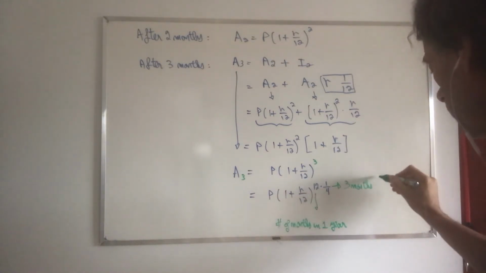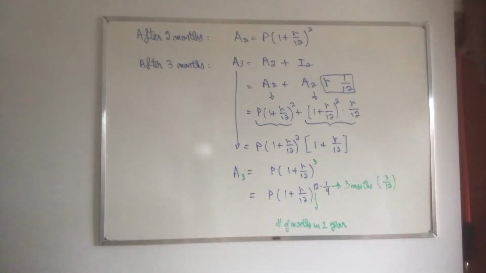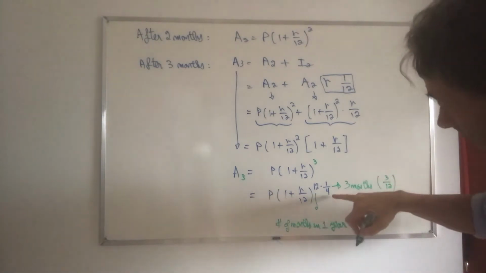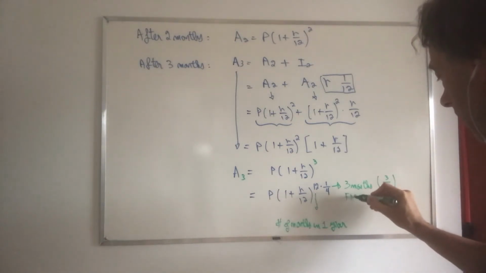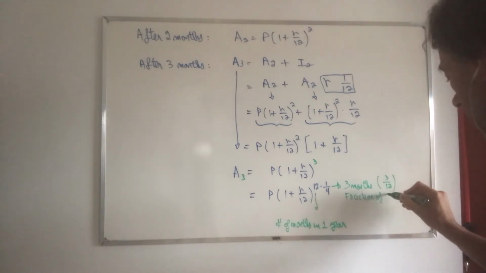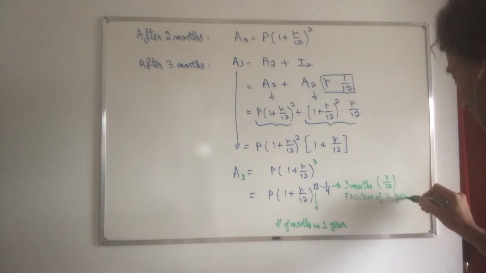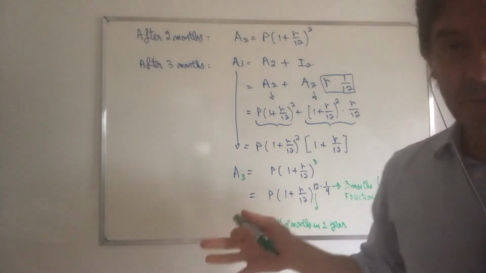Because 3 months is 3/12 of a year. So this is the fraction of a year, 3/12 of a year. You left the money in the bank for 1/4 of a year, 3 months out of 12.